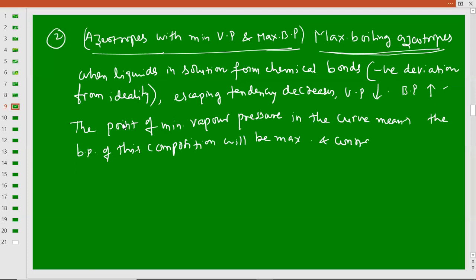If it is not constant, it is not said to be an azeotrope.